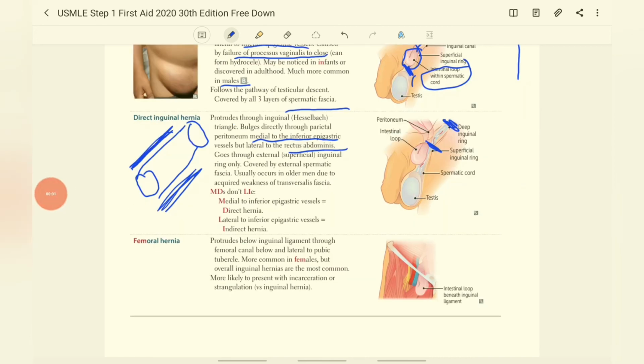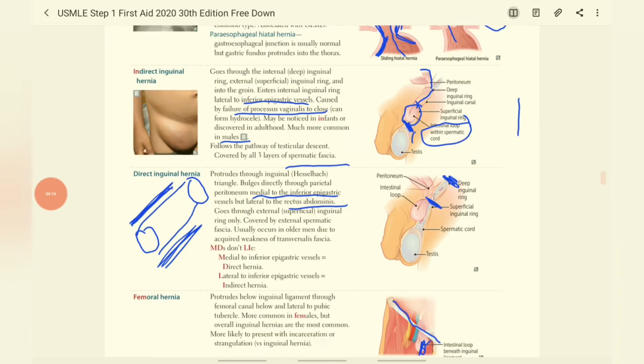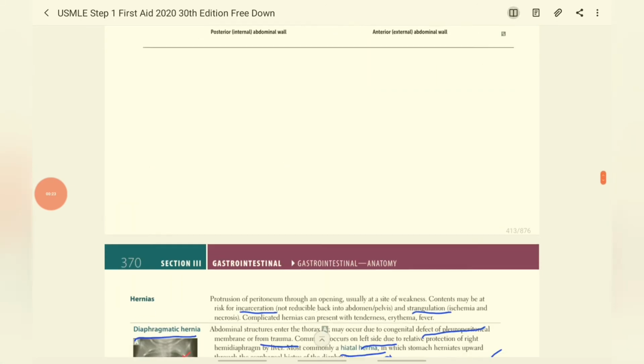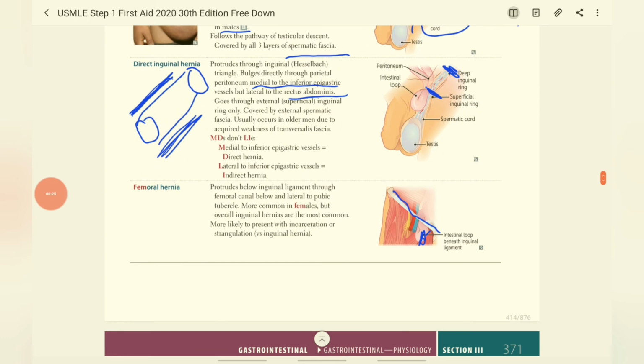The femoral hernia protrudes below the inguinal ligament, it is over here. This is the loop of intestine, and this area is called the femoral triangle. We can see it in this image.